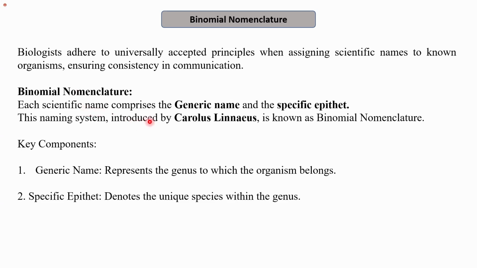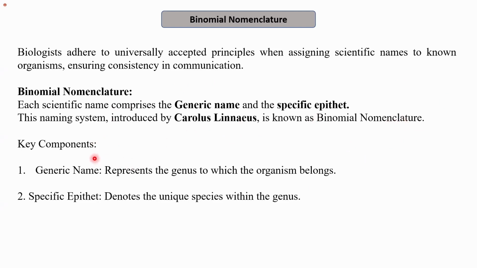So each scientific name comprises the generic name and a specific epithet. The generic name tells us about the genus of the organism, which has some other similar characteristics, while the specific epithet tells us about the species of that organism. This naming system was introduced by Carolus Linnaeus and is known as binomial nomenclature.